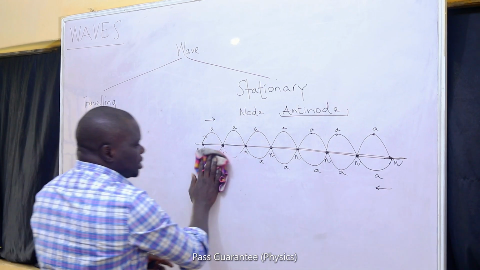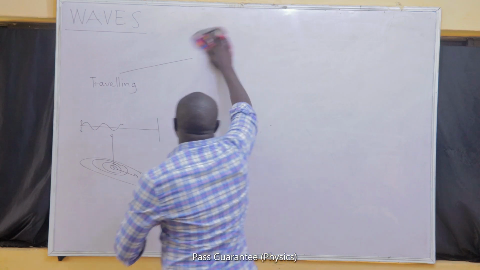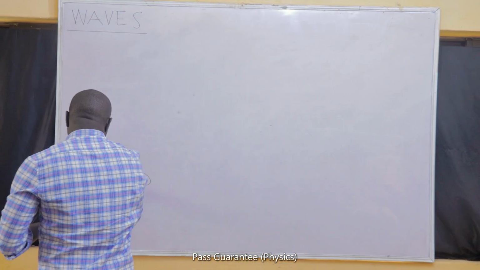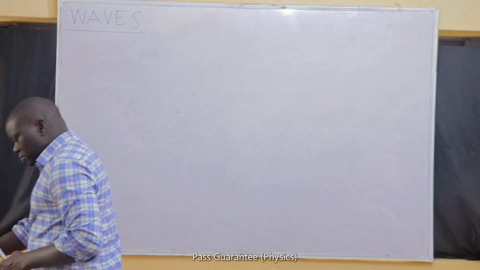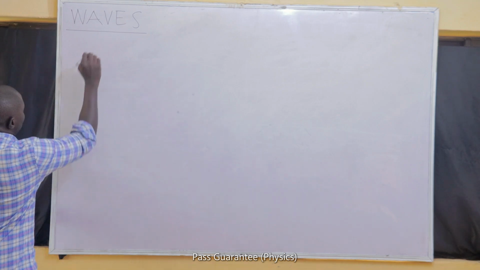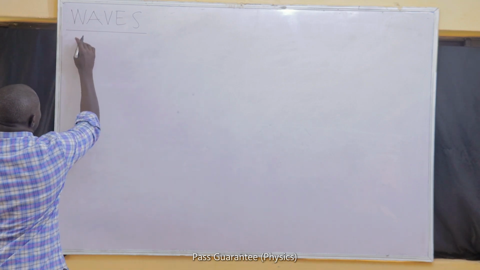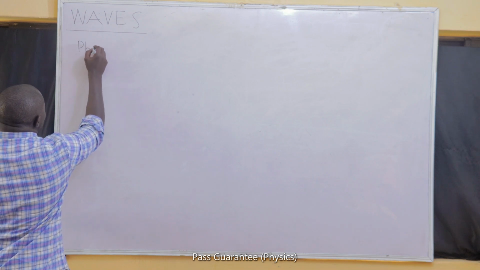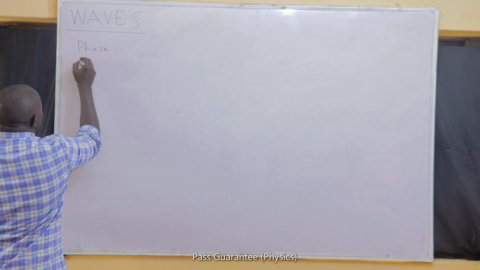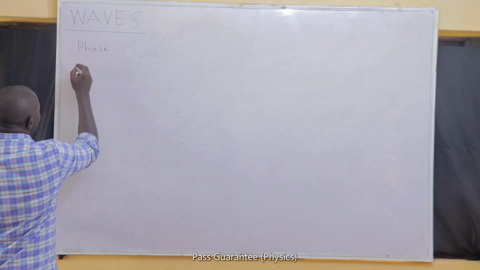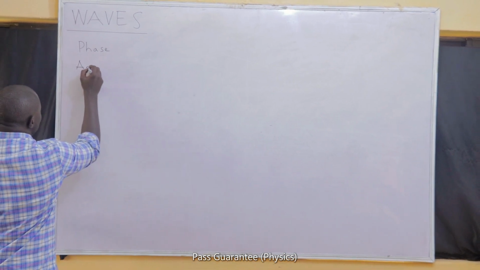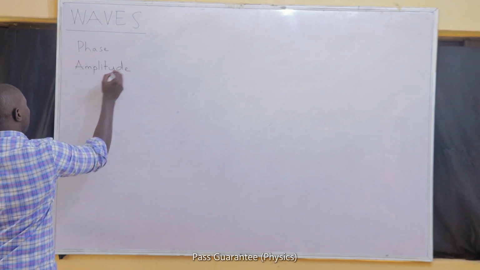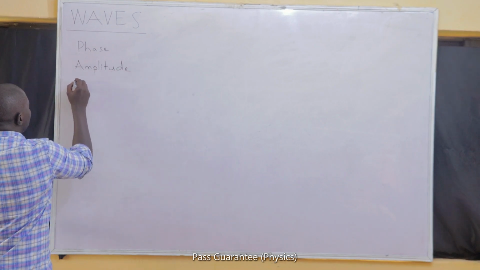We now look at the terms that we can use to describe a wave. The terms that we can use to describe a wave are the following. We can talk about the displacement. We can talk about the phase, points that are in phase. We can talk about the amplitude of a wave. We can talk about the frequency.